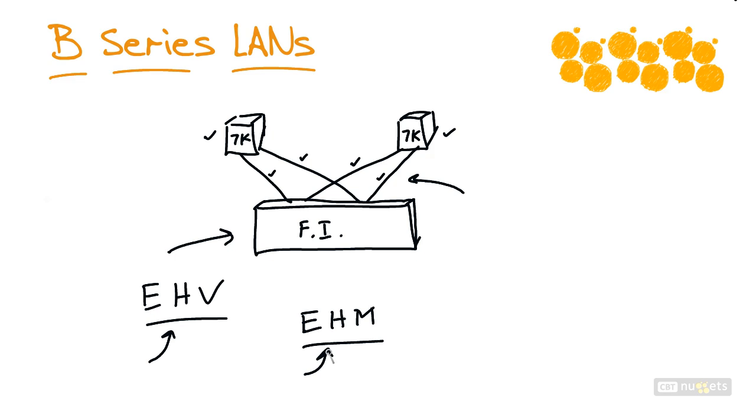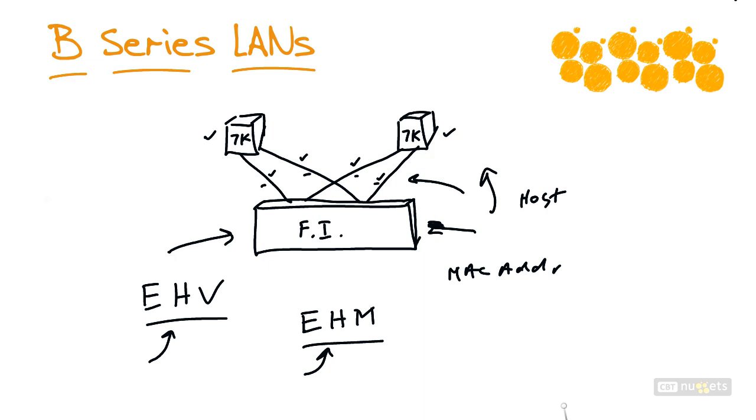What does this mean? It means the Fabric Interconnect looks like a host to the upstream devices. Therefore, they see it as a host with multiple MAC addresses, and they don't do any blocking. They don't do any inactive status on any of these links. So end host virtualization mode, very, very important concept for you to realize.